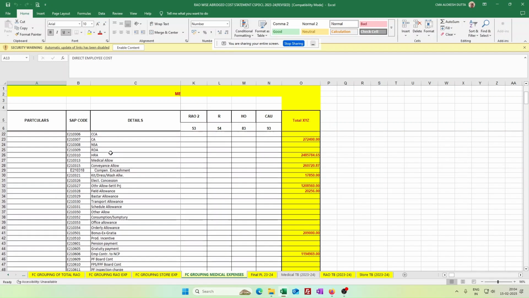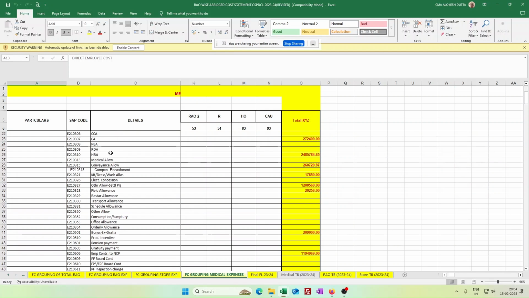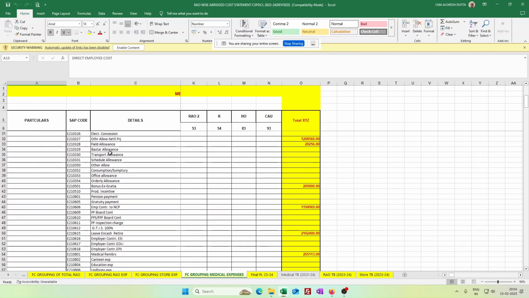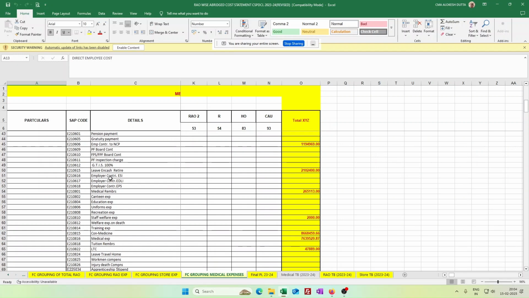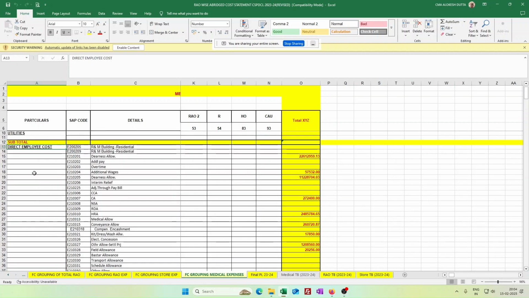As per that cost accounting standard and CRA 1, this financial code or SAP code has been chosen and grouped under direct employee cost.